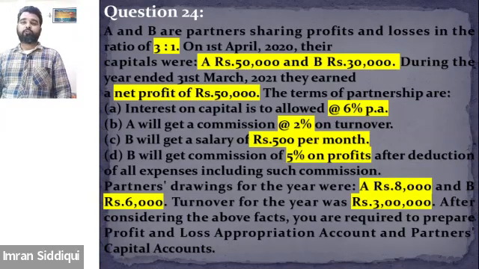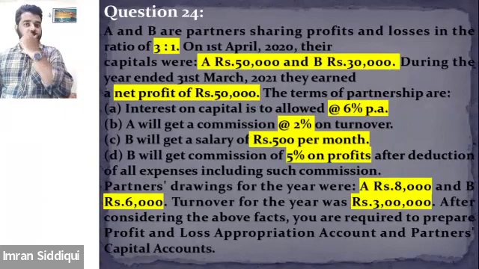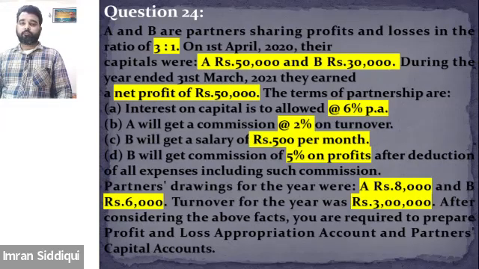So whatever the turnover the business is generating, A will be getting a commission of 2% on that turnover. Turnover means sales. Then point number C, B will get a salary of 500 per month. And in point number D, it says that apart from salary, B will also get a commission of 5% on the net profit after deduction of all expenses, including such commission.